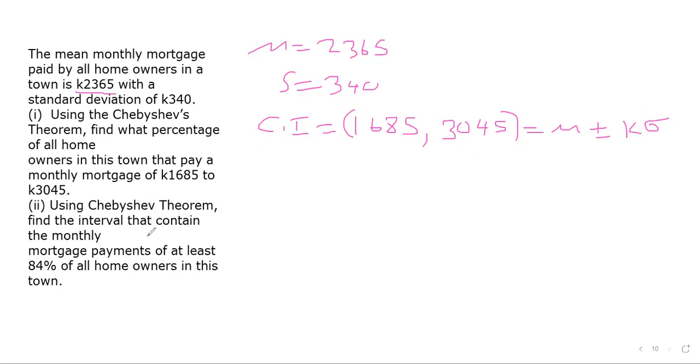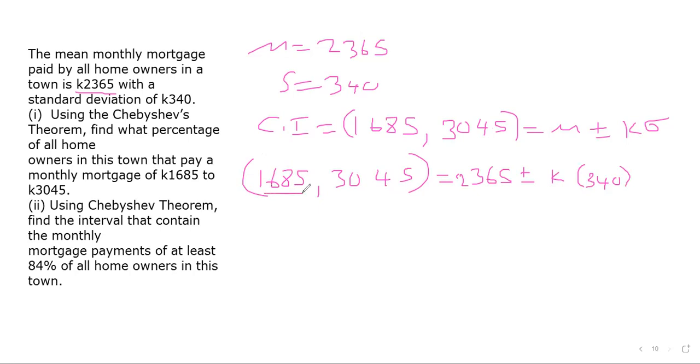So we're being asked to calculate, using Chebychev's rule, part 1: find the percentage of homeowners that will pay between this range. So 1685 to 3045 would be equivalent to the mean, 2365, plus minus K. What is our K? We don't know, but our standard deviation is 340.